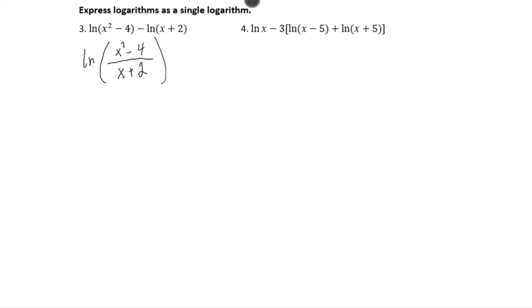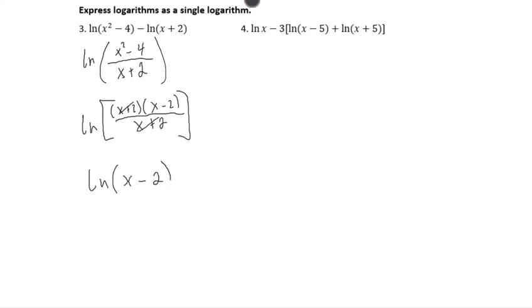Now I know on top is difference of squares, so that's ln of x plus 2 x minus 2 over x plus 2, which will cancel those out. So ln of x minus 2. Now you do want to put these inside parentheses so you're not writing ln of x and then minus 2. Make sure that x minus 2 is all together.